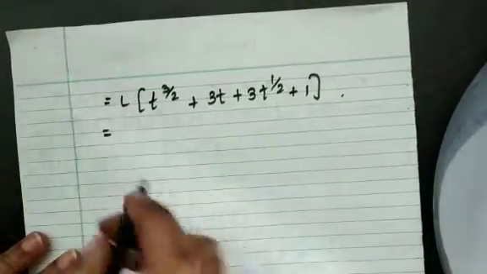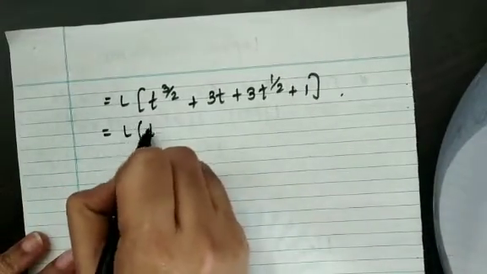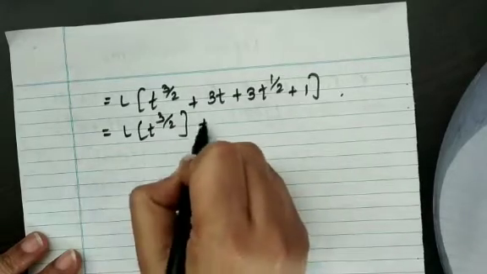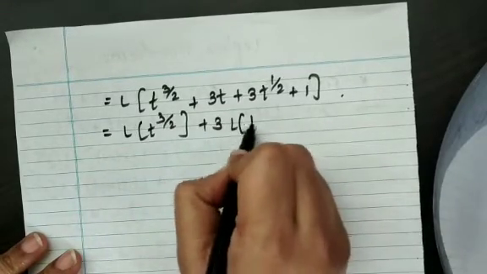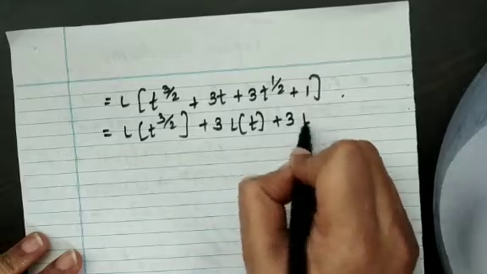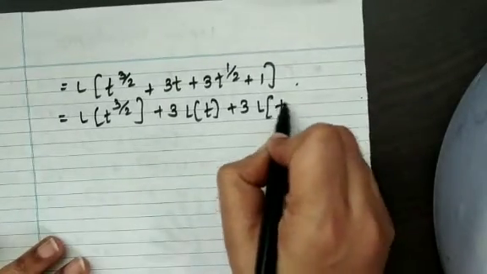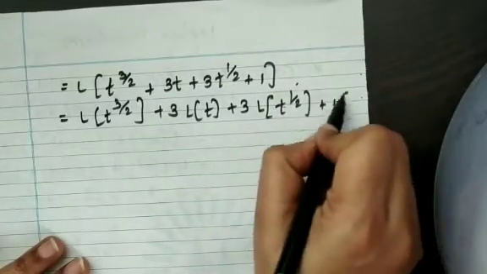So all are now with plus, we will separate them. Laplace of t raised to 3 by 2 plus 3 constant outside, Laplace of t, plus 3 again constant out, Laplace of t raised to half, plus Laplace of 1.